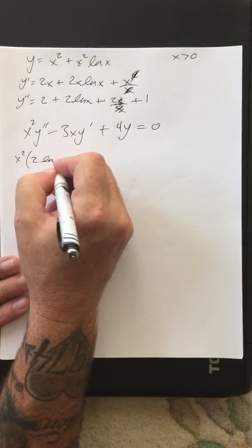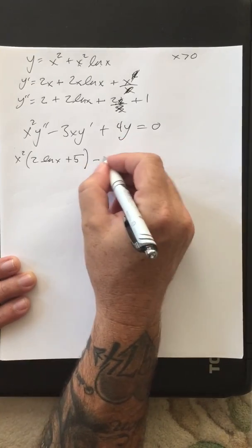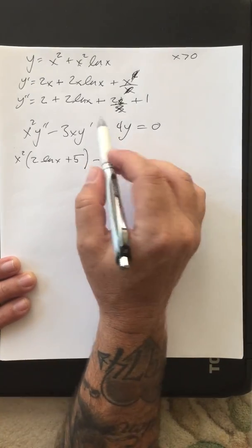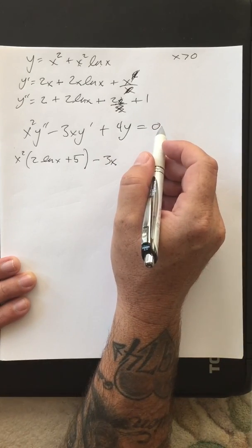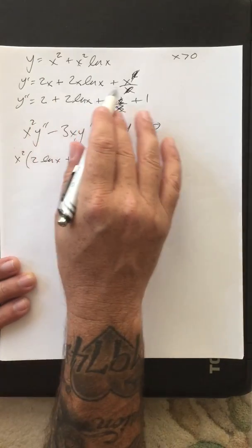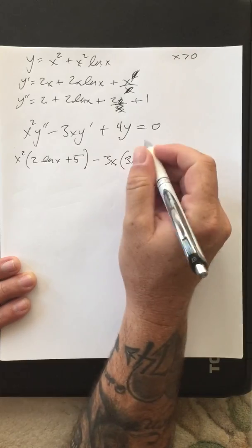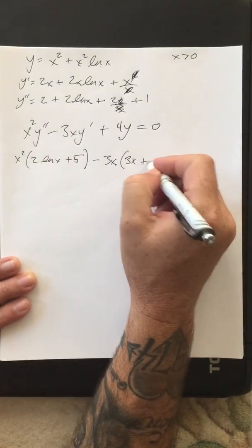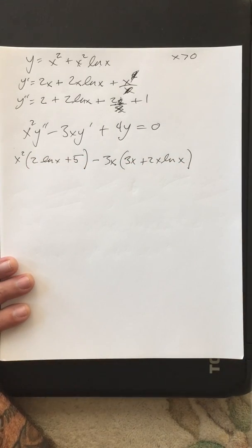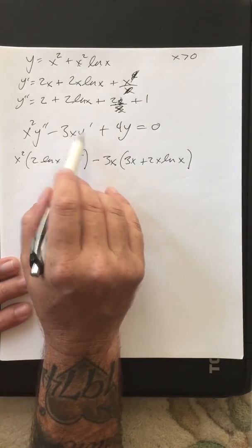So it's 2 log x plus 5, minus 3x times y prime, which is just, what do we got here? 2x plus x is 3x. Right? 2x, then you have x here, plus 2x log x. Alright, does that make sense? That's your first derivative.